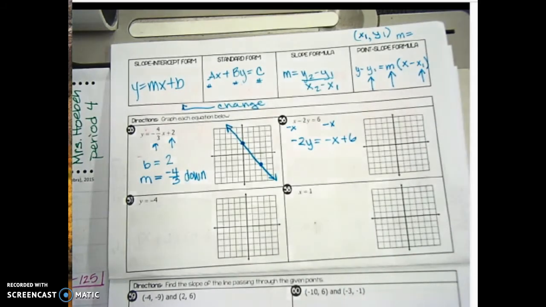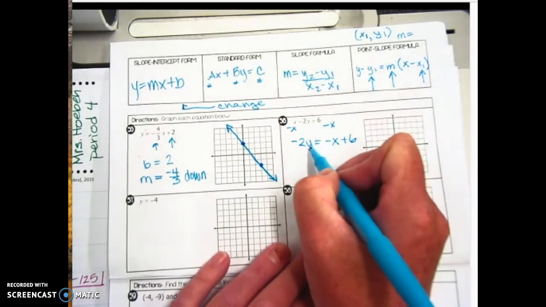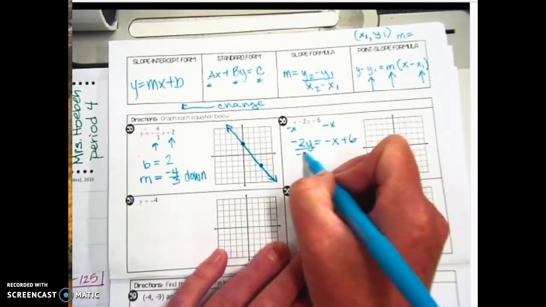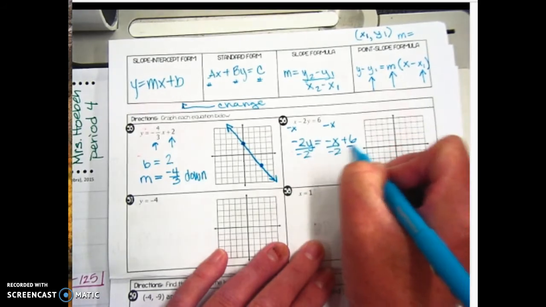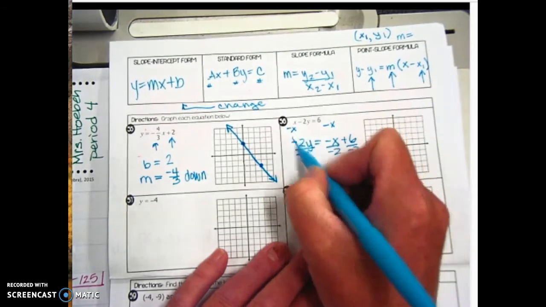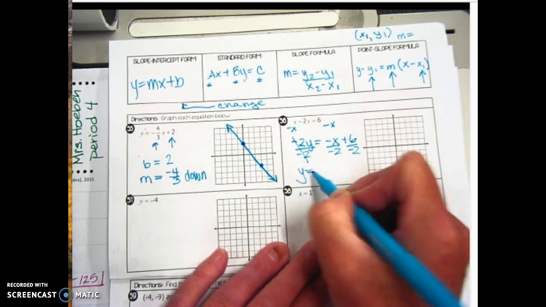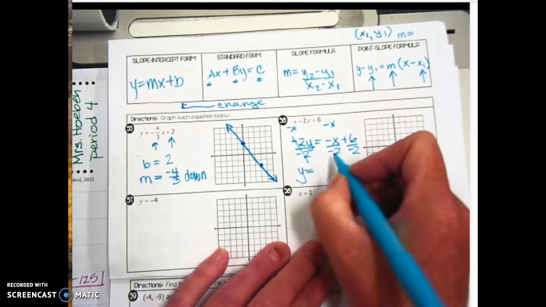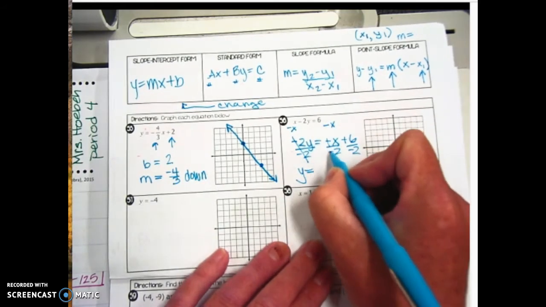Or you could say 6 minus x, but I like to get it into the slope-intercept form, so I write my x term first. Then y is being multiplied by -2, so we divide everything by -2. These cancel, and now we can put it in slope-intercept form. We have a negative and a negative, so I'm just going to change it to positive.